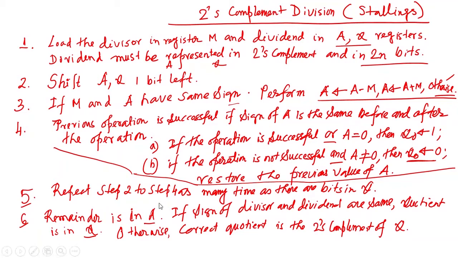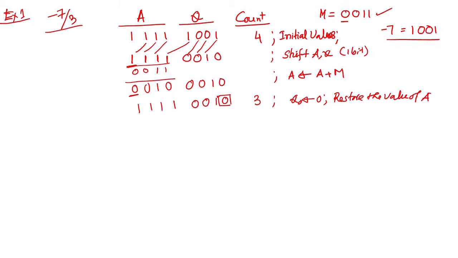Next, we go back and repeat step 2 to step 4 as many times as there are bits in Q. So again we have to go to step 2, that means again you shift left. This will be 1, this one will come, this will be 1, this one will come, this will be 1, this one will come, this will be 0, this 0 will come, this 1 will come, this 0 will come.